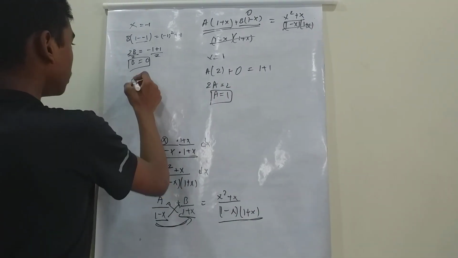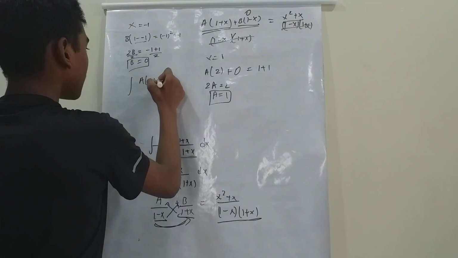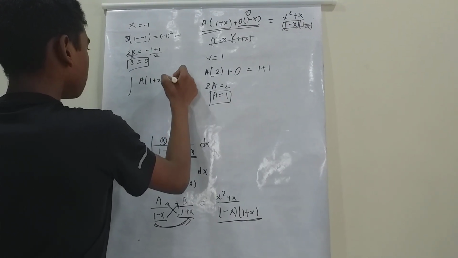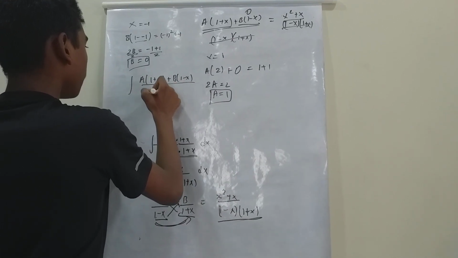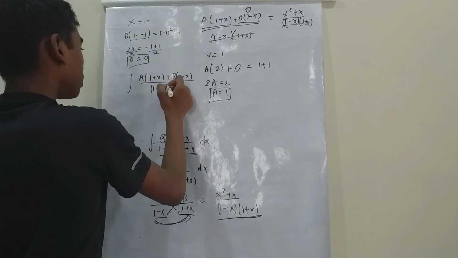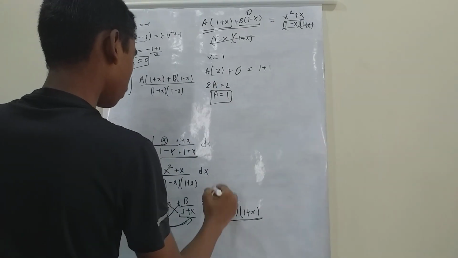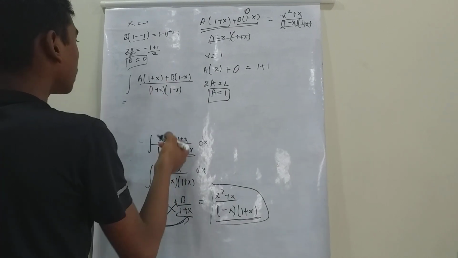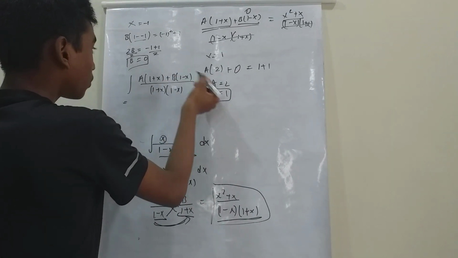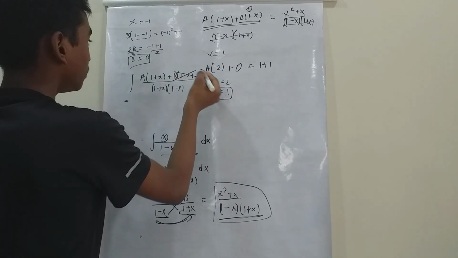Now what we're going to do is the integral of a times (1 plus x) plus b times (1 minus x) divided by (1 plus x) times (1 minus x). This is the same as this one when we integrate it. So when I substitute the values of a and b, b equals 0, so that term is not going to be there.